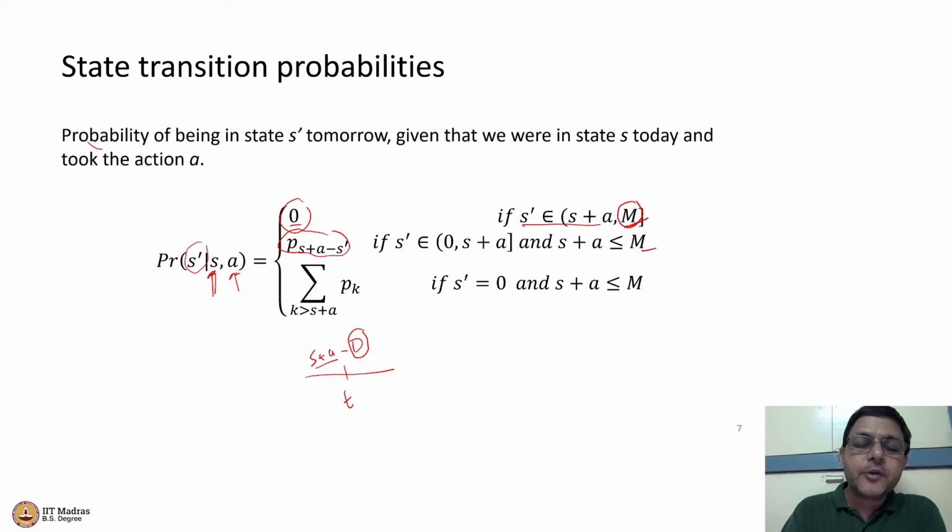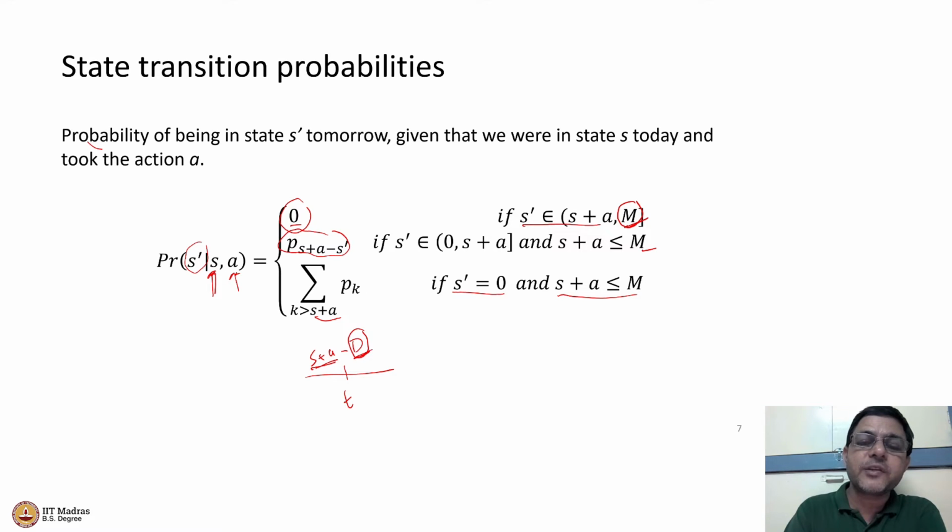Now there could be a possibility that the demand was actually more than the inventory you were carrying. If the demand was more than S plus A, then your S prime will be 0. But you have to ensure that you are not carrying more than M at any point of time, because that's how much the warehouse can hold, right? What is the probability that demand was more than S plus A?